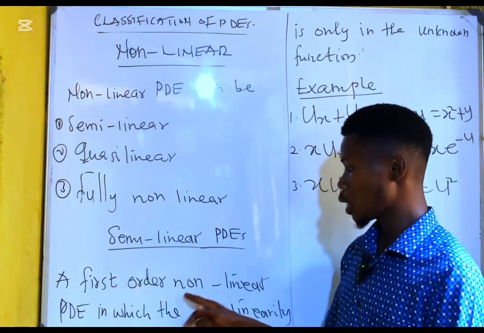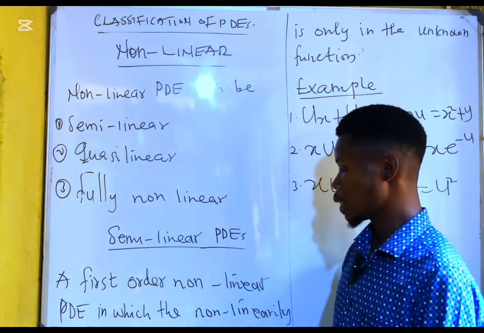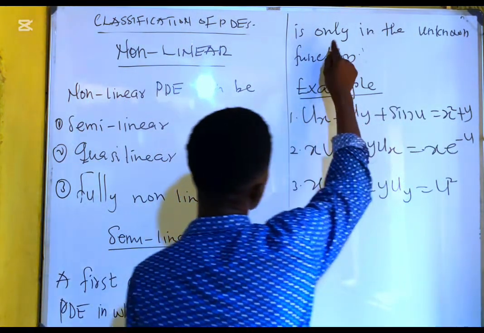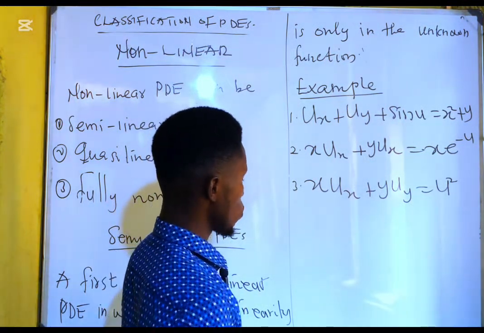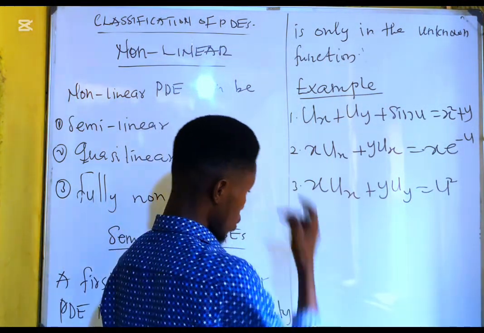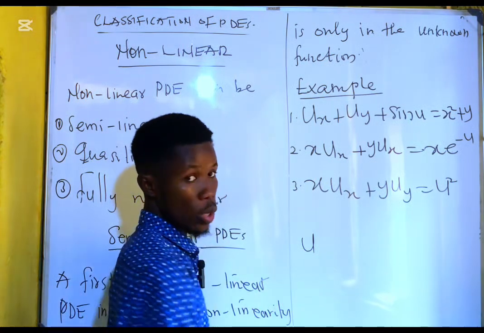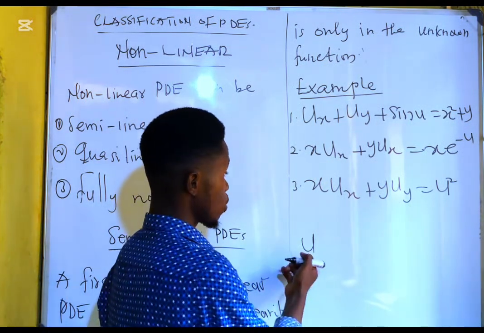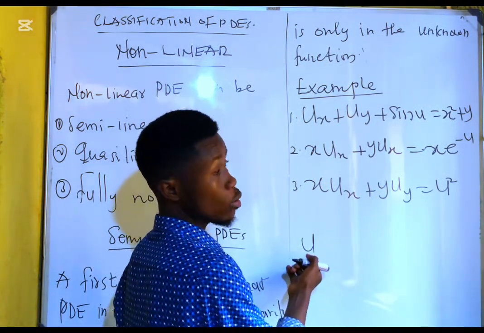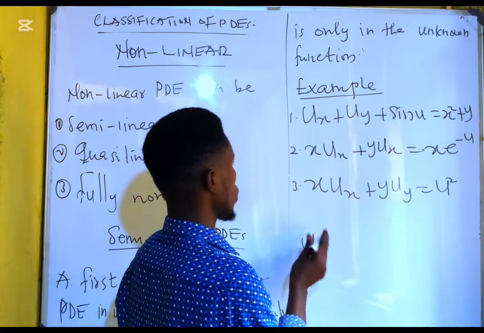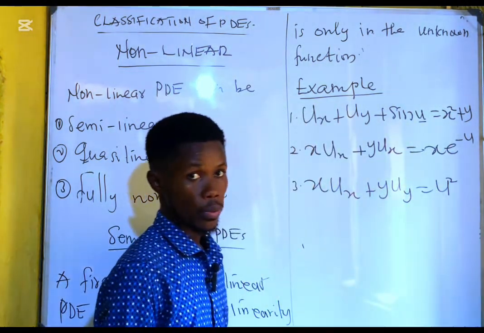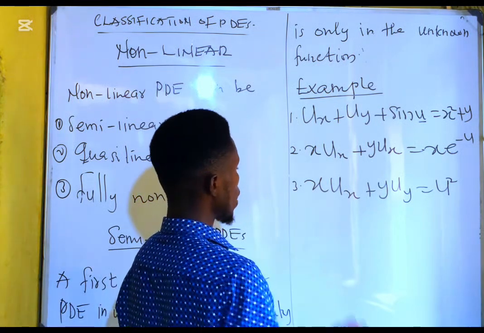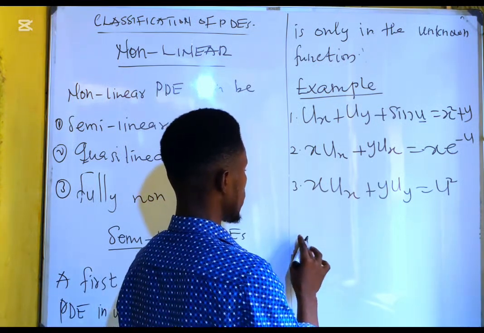A first order nonlinear PDE in which the nonlinearity is only in the unknown function. What do you mean by the unknown function? If I write u like this, it's an unknown function because I don't know whether I'm going to differentiate partially with respect to x or y. This is first order.